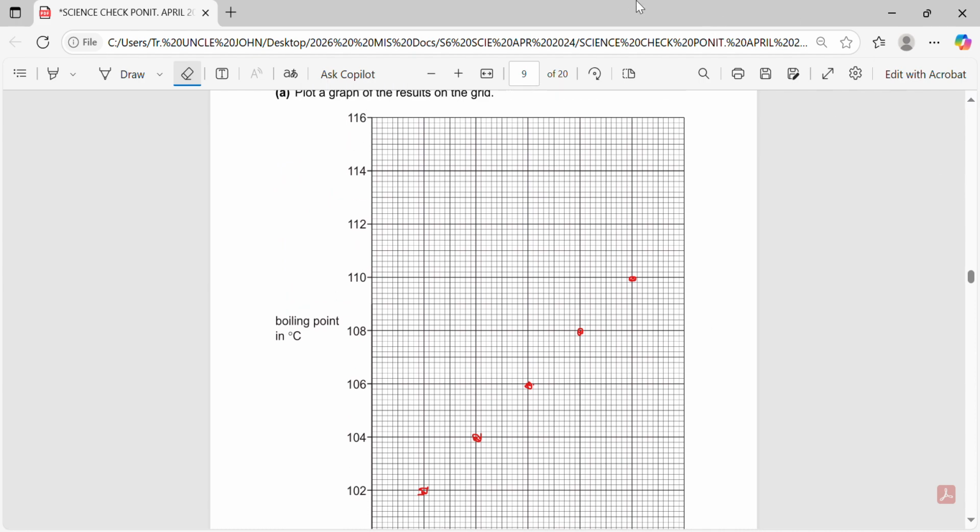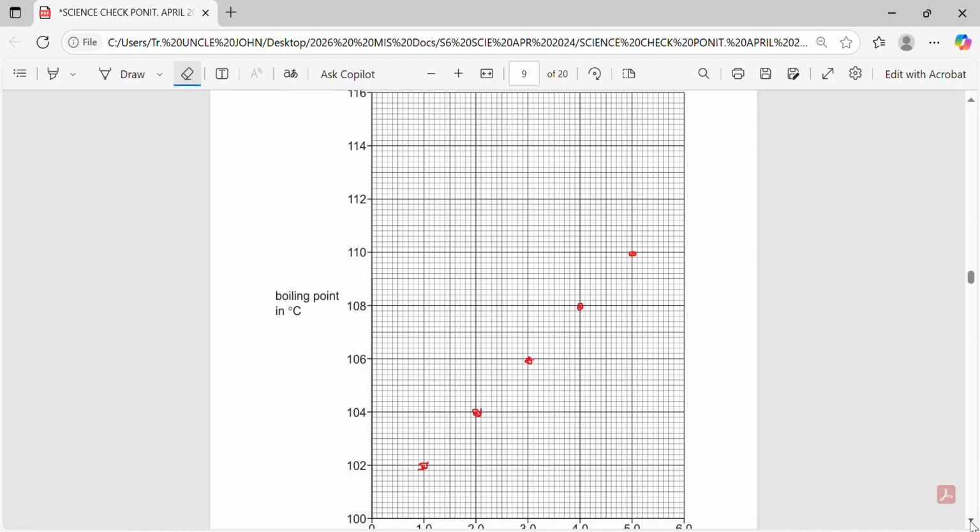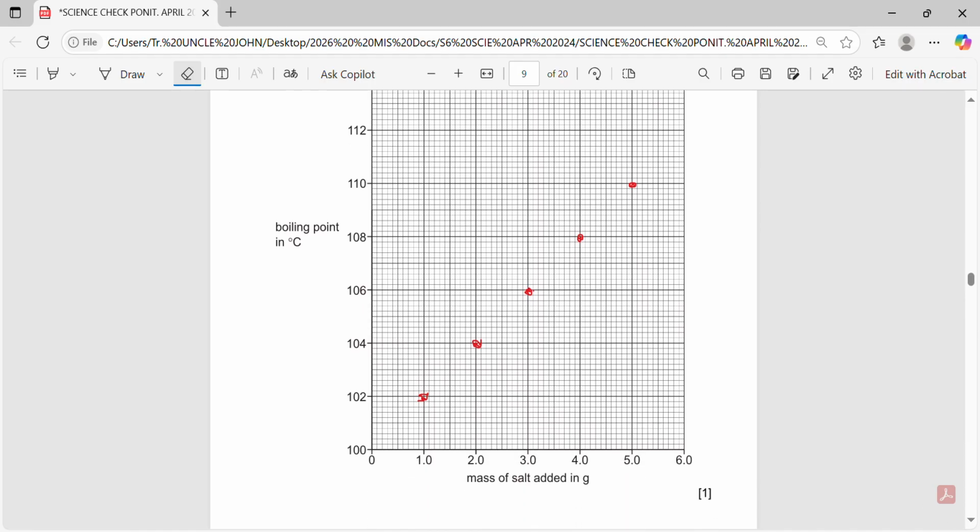Because as you can see, the only thing you have to do is to use a ruler and draw a straight line that runs across the points.